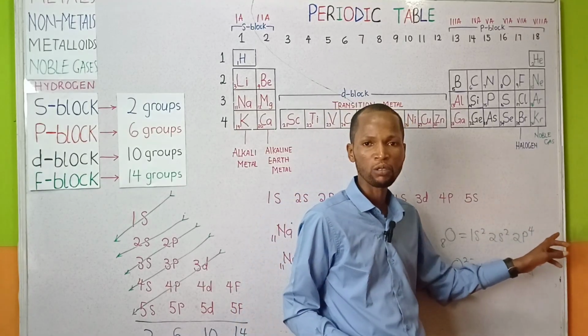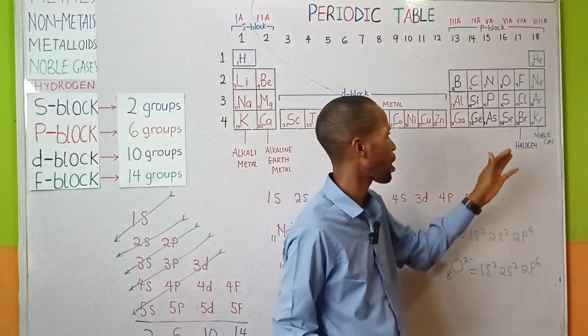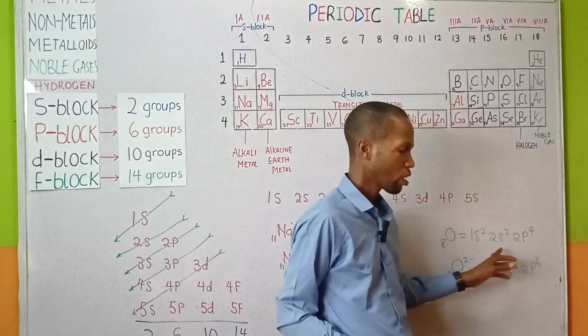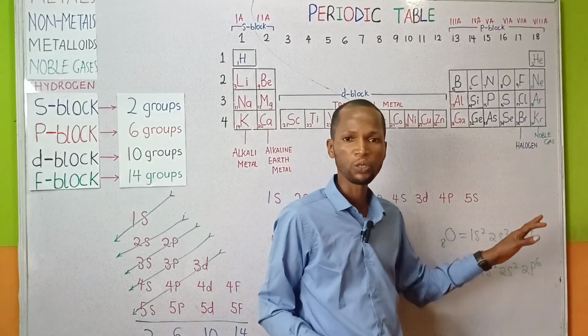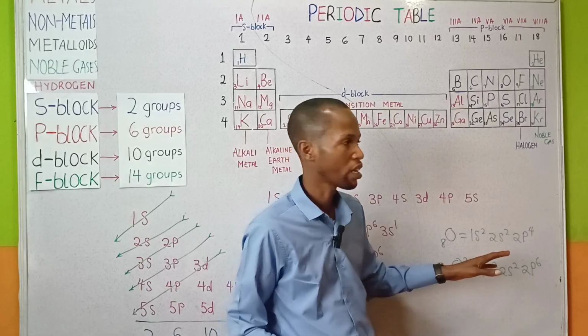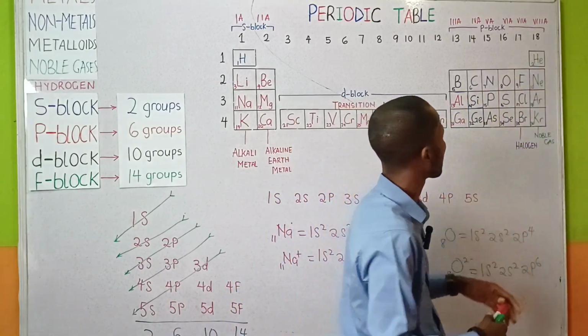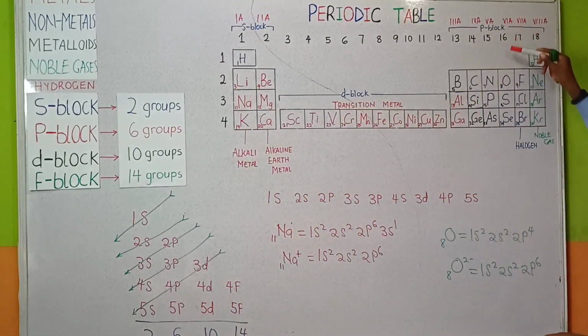So 4 plus 2, that is 6, which implies that oxygen belongs to group 6, Roman numeral 6A, which is also the same thing as group 16.